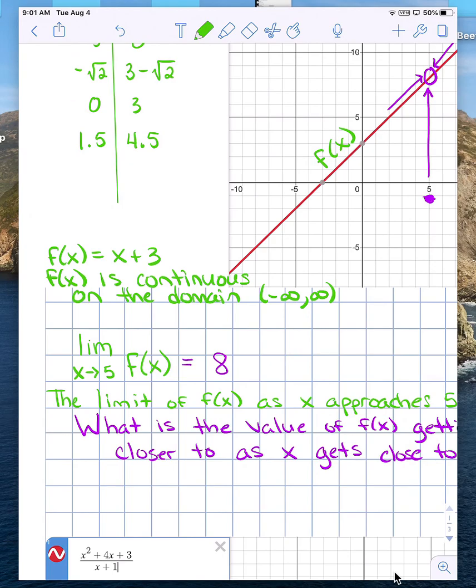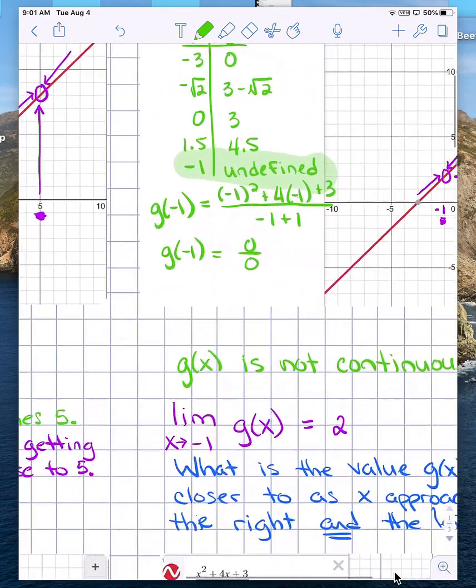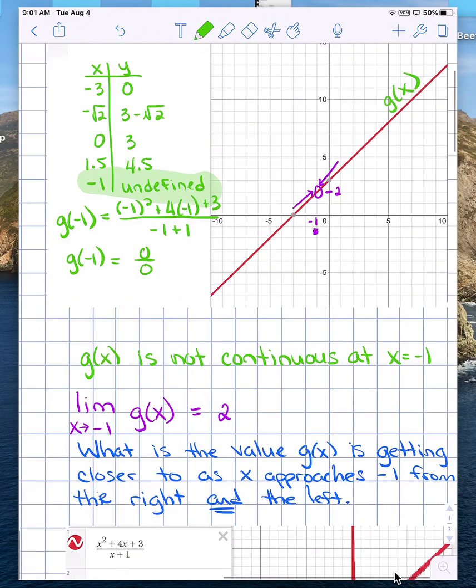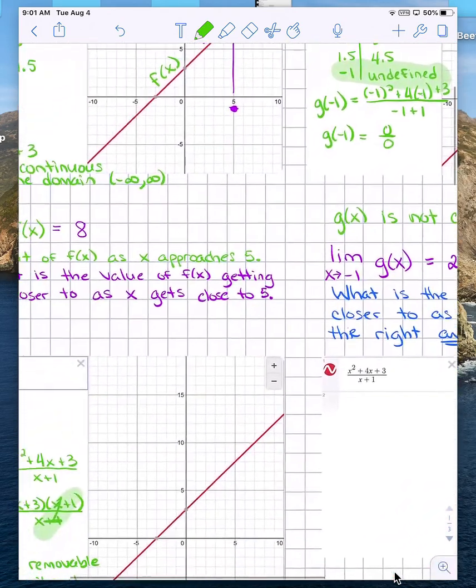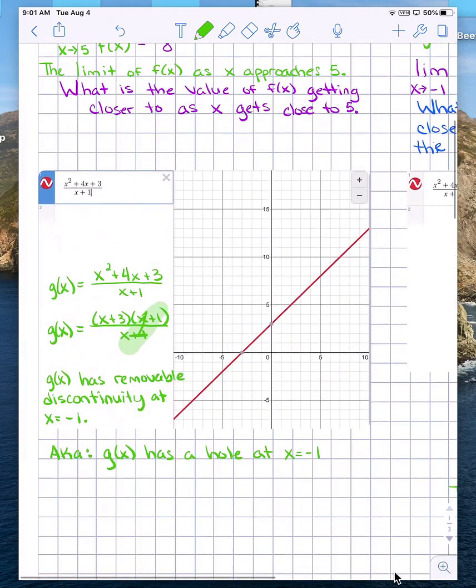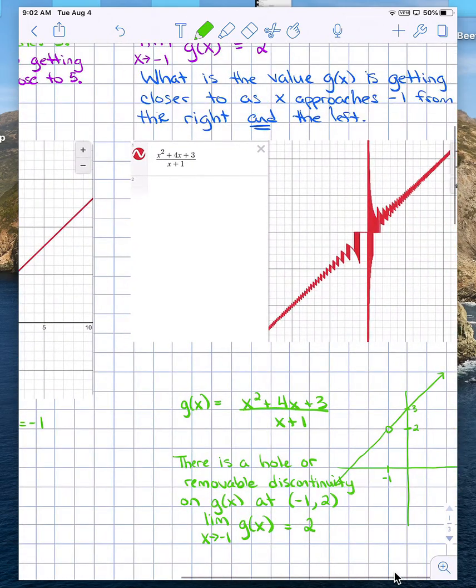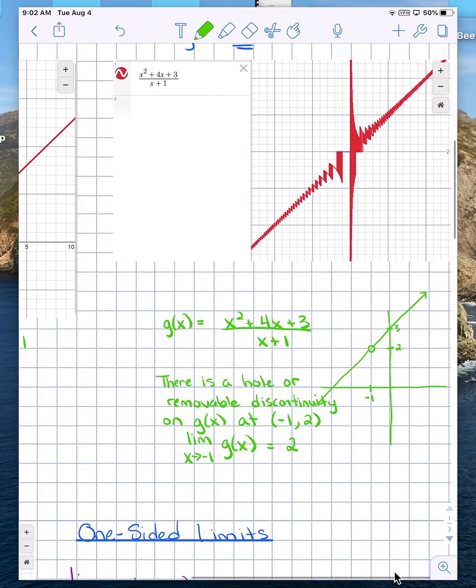Continuous. We looked at g of x. g of x has removable discontinuity because g of x had a hole in the graph. However, the limit still existed because the function was getting closer and closer to 2 from both the right side and the left side. We saw that hole here. Removable discontinuity, the limit does exist.